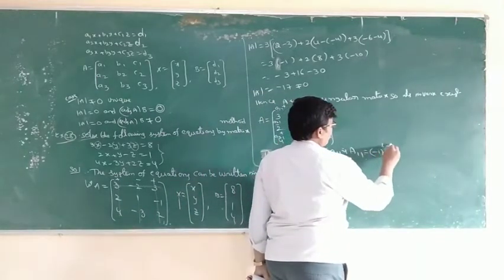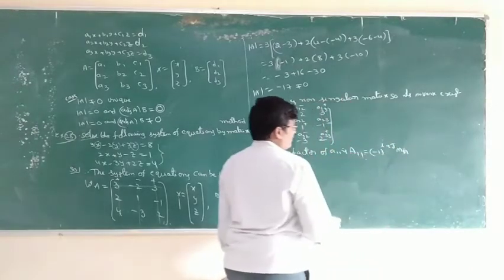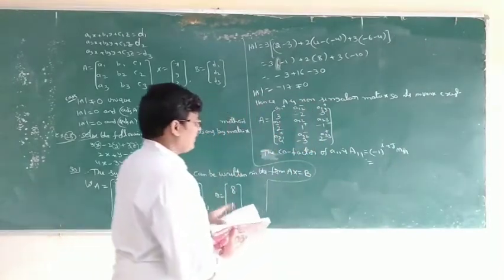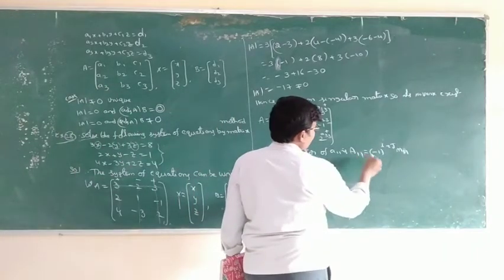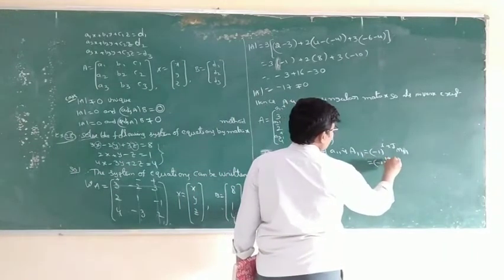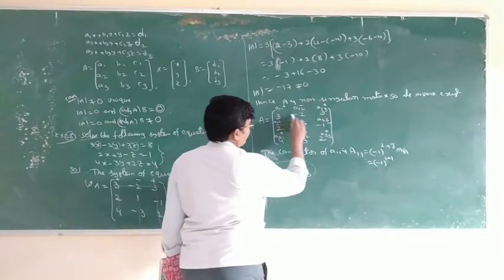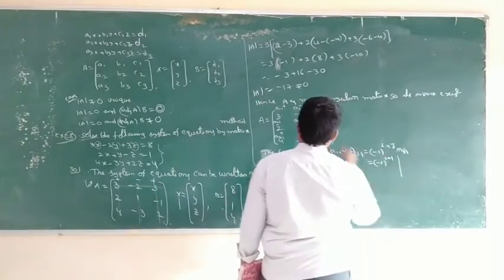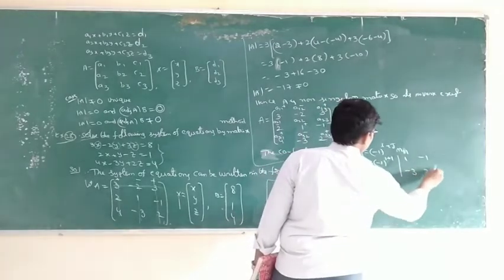Minus 1 whole power i plus j into the minor M11. You can find it directly. So for the first element, minus 1 whole power 1 plus 1. Minor means removing the corresponding row and column, then taking the determinant of the remaining 2 by 2 matrix: 1, -1, -3, 2.